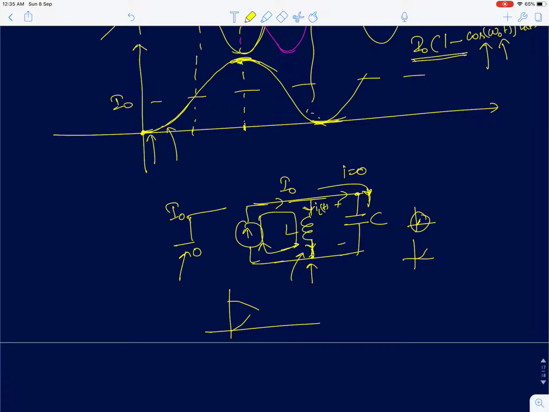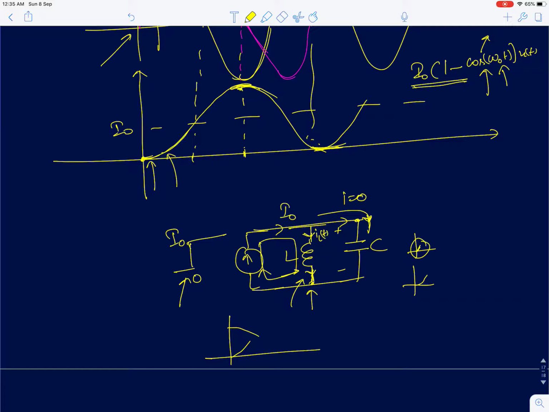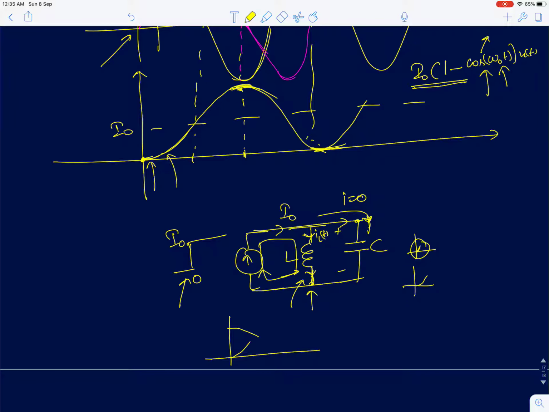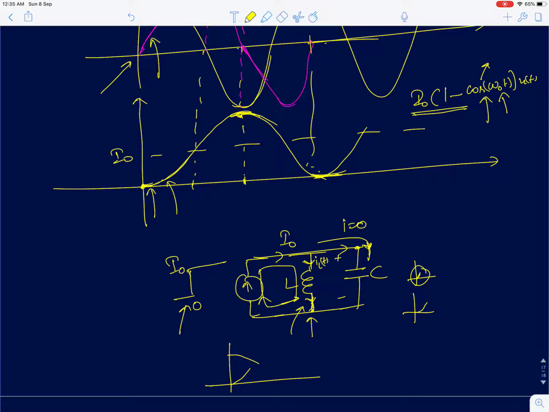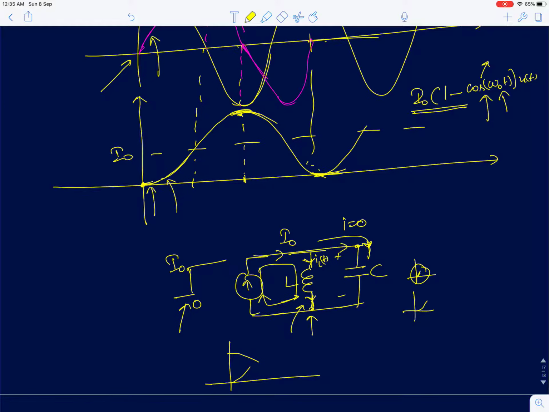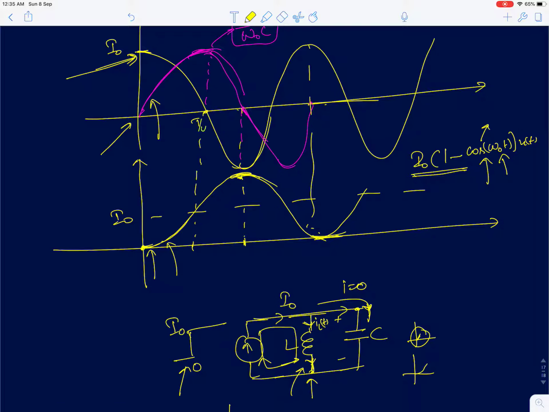So that is the point where the voltage across the capacitor can no longer increase. It can either remain there, or depending upon the inductor's discharging of the capacitor, it can reduce. So that is the peak value of the voltage that the capacitor can store, and that happens at t equal to T by 4. Mathematically we have seen it.